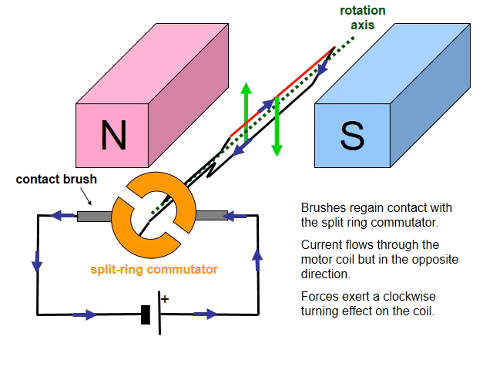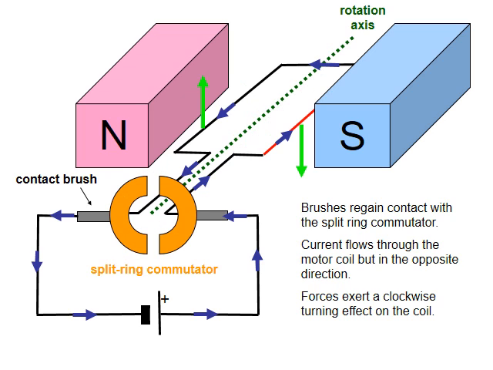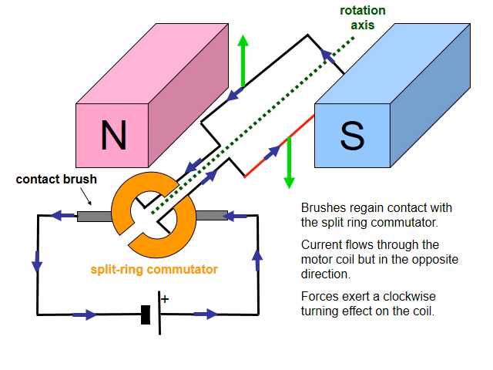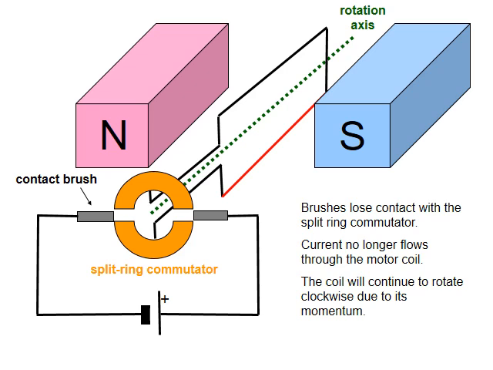The brushes regain contact with the split ring commutator and the current flows through the motor coil, but this time in the opposite direction. The forces then exert the clockwise turning effect on the coil. And then it goes back to its new position, as you can see from the diagram.